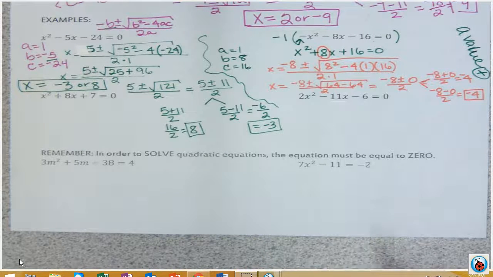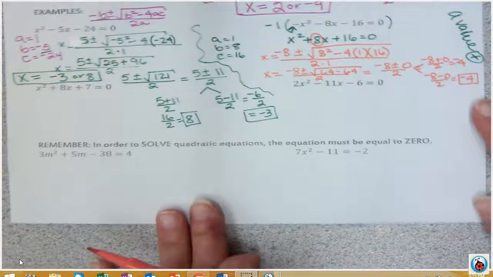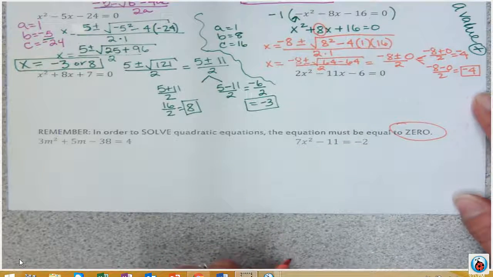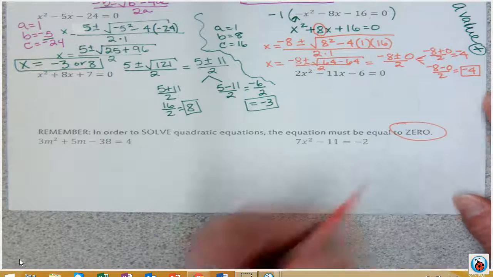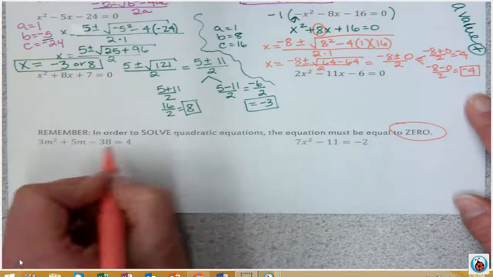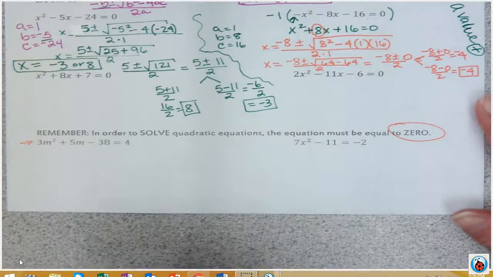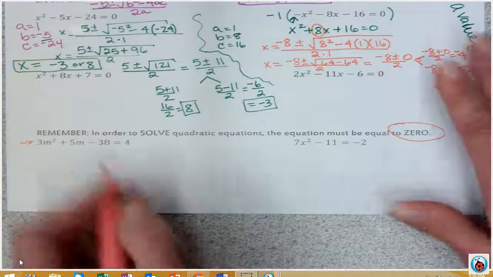Alright, so moving on down, we're going to work these two problems. Now, remember that another thing, you must have your equation equal to 0. That is very important. So in this situation, we do have a positive a, but we don't have an equation equal to 0.